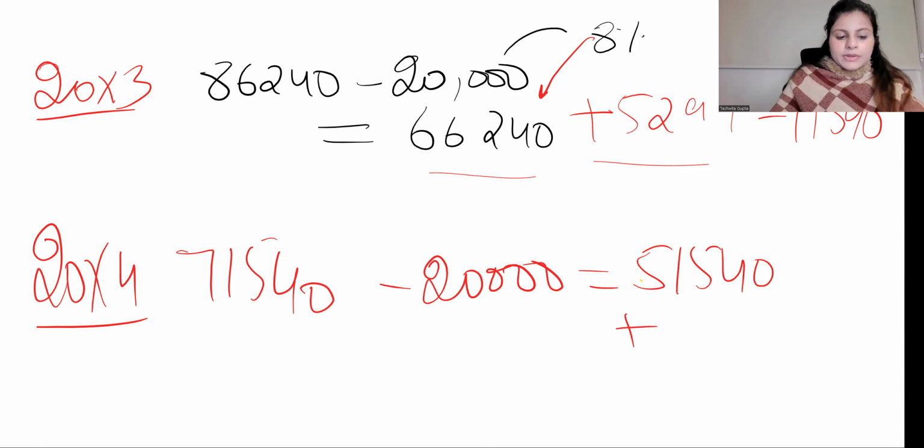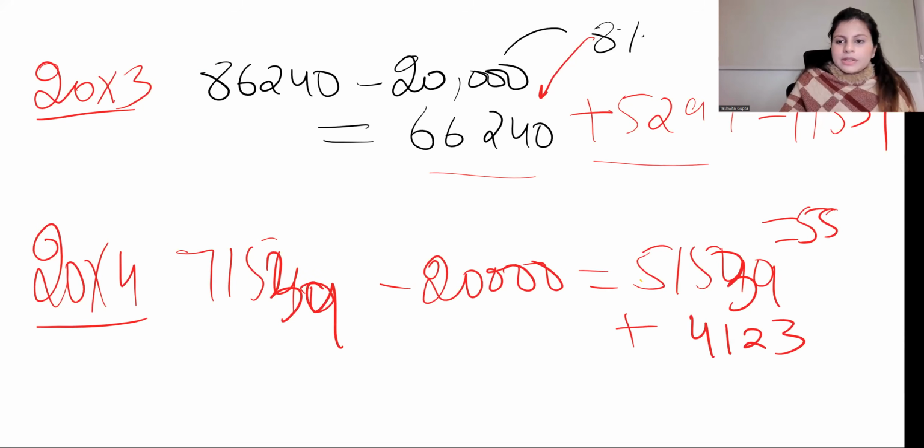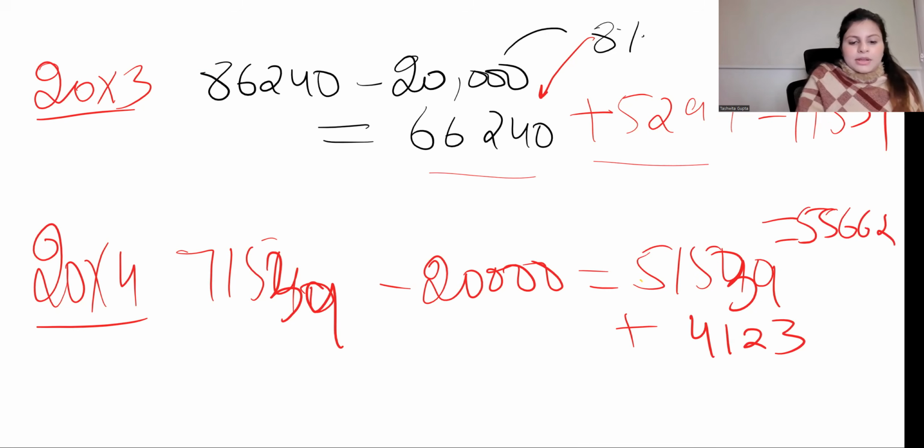How much is that? 8% of 51540 is 4123. So closing is 55662. And then 2005.